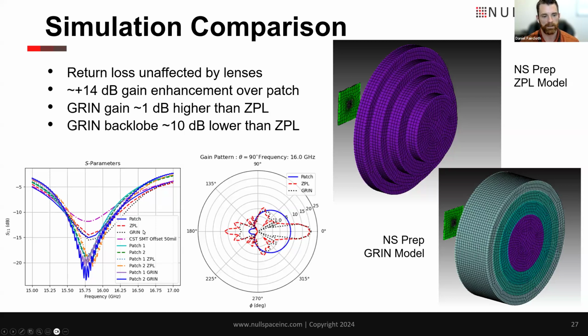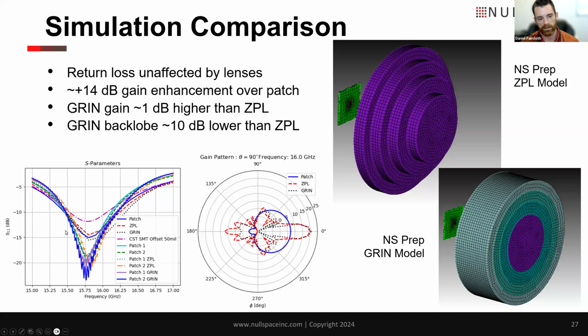And when we add in the zone plate lens or the Grin lens, because of the spacing between the patch and the lenses, the return loss isn't really affected. And we see this little cluster of 3 curves here. That's the patch, the patch plus the zone plate lens, and the patch plus the Grin lens. So that's as expected. That's desirable.